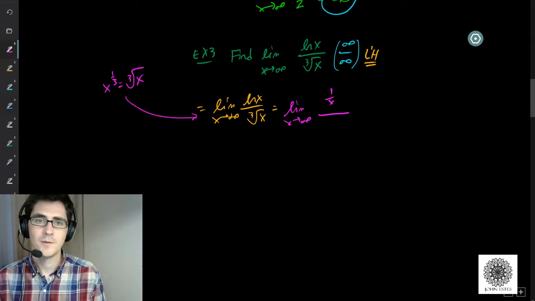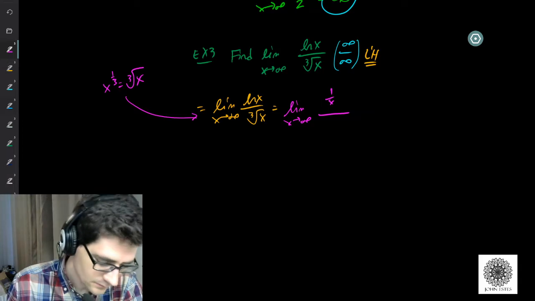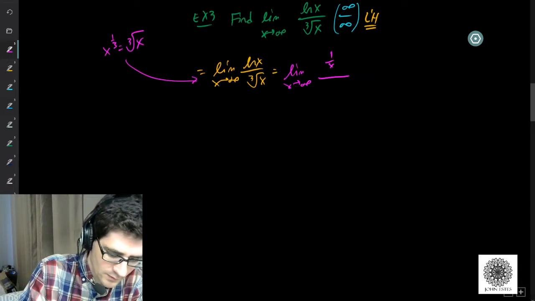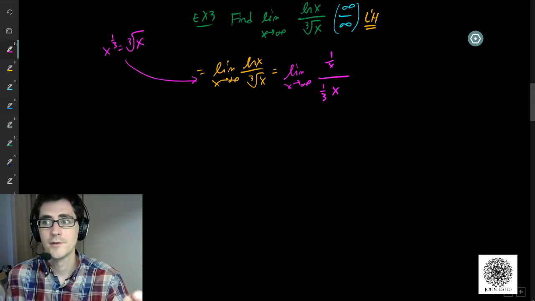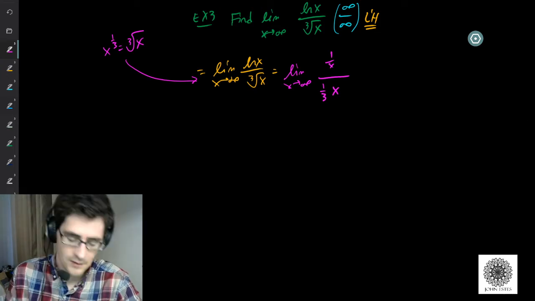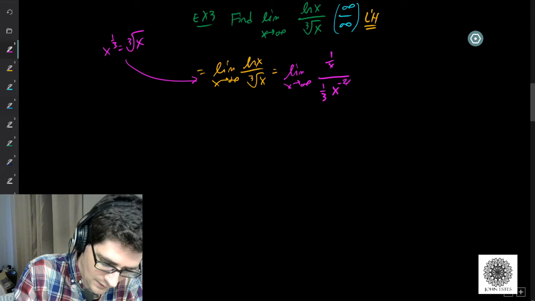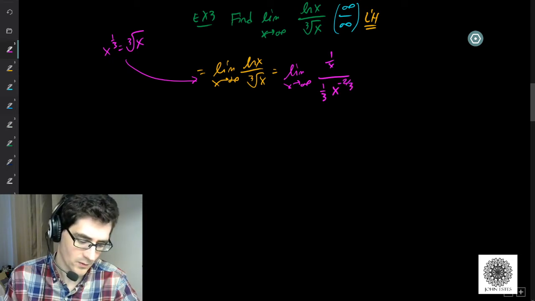So its derivative is going to be 1/3 x to the what power? 1/3 minus 1, which gives me the negative 2/3 power.